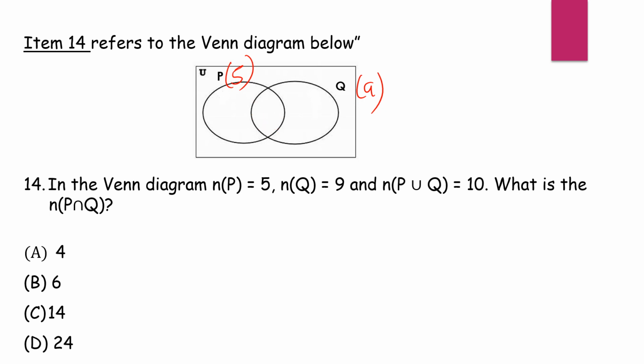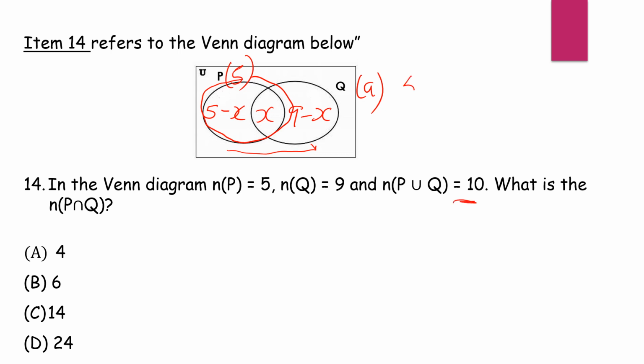We don't know here, so this entire circle equals 5, so you have to subtract that x from 5 and then subtract the x from 9. When we add the information in the two parts of the Venn diagram, we're going to get 10.